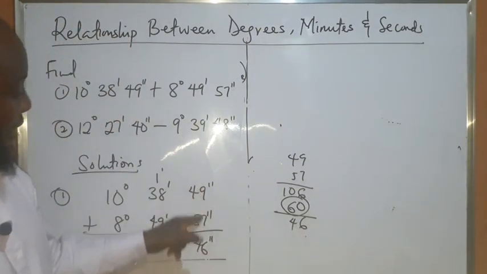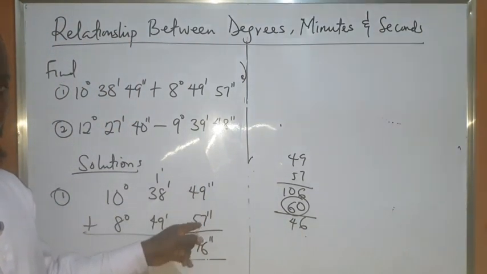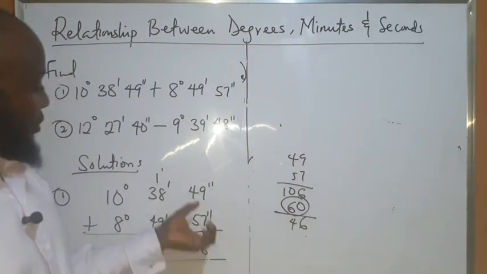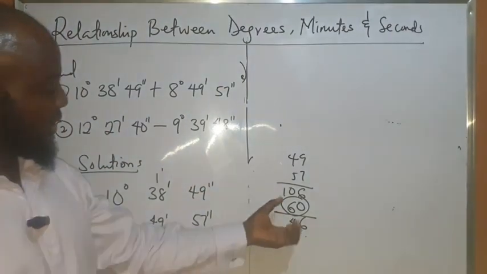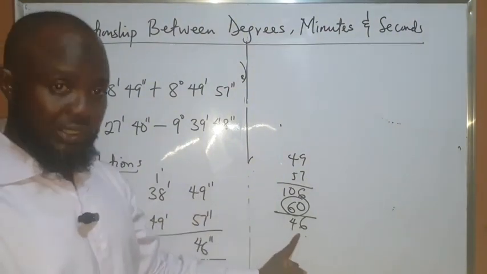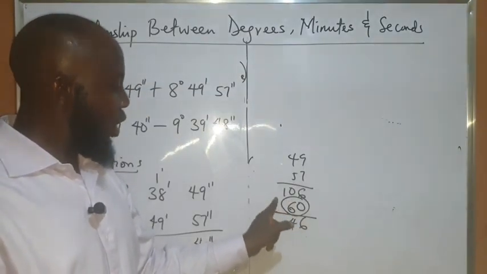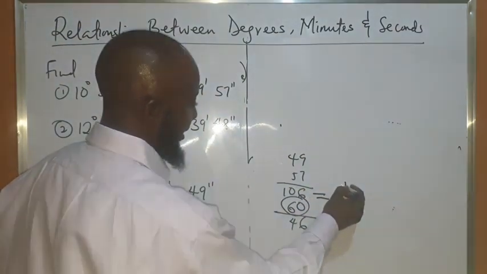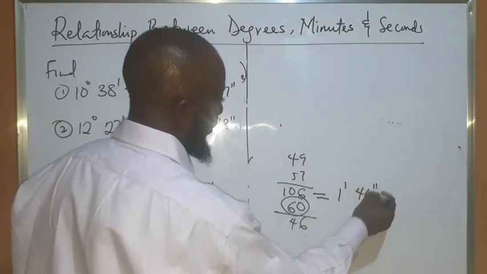So if the addition of seconds is more than 60, just bring out the minutes you have there. So 106 seconds is 1 minute, 46 seconds.